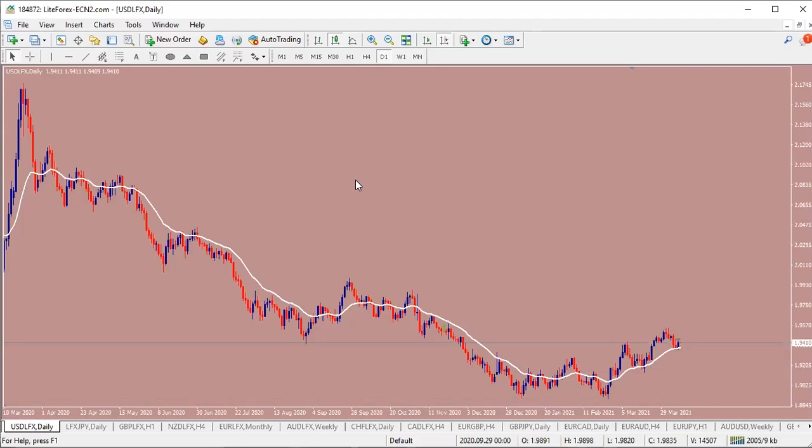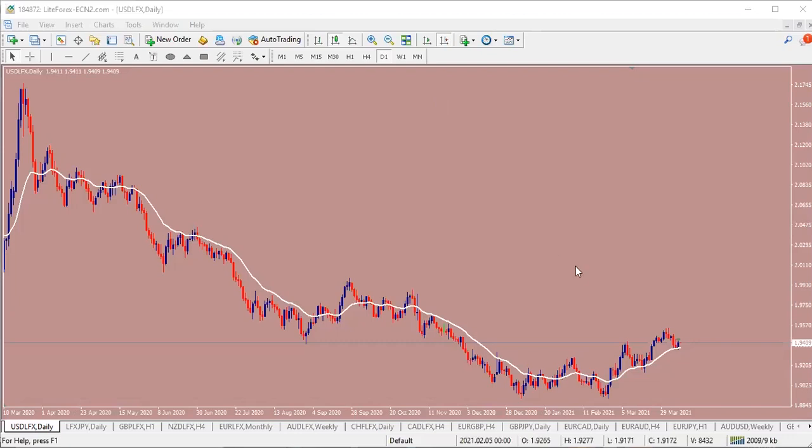I want to respect the lower time frame support and resistance level before respecting the higher time frame. Before price gets to the higher time frame, it will pass the lower time frame. So when you interpret the lower time frame very well, it will lead you to the higher time frame.